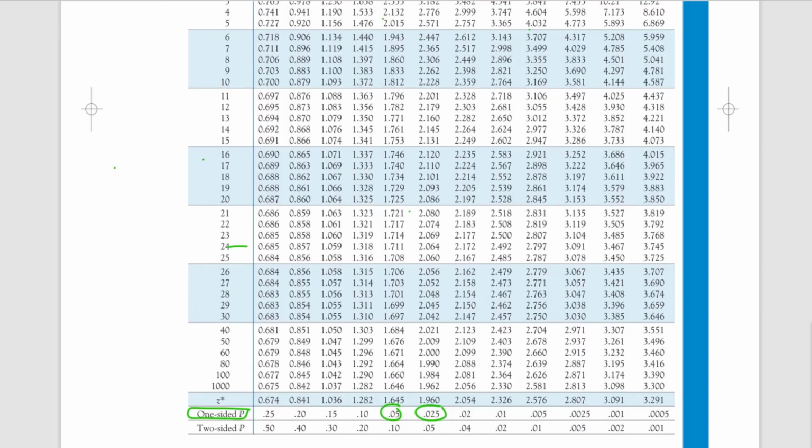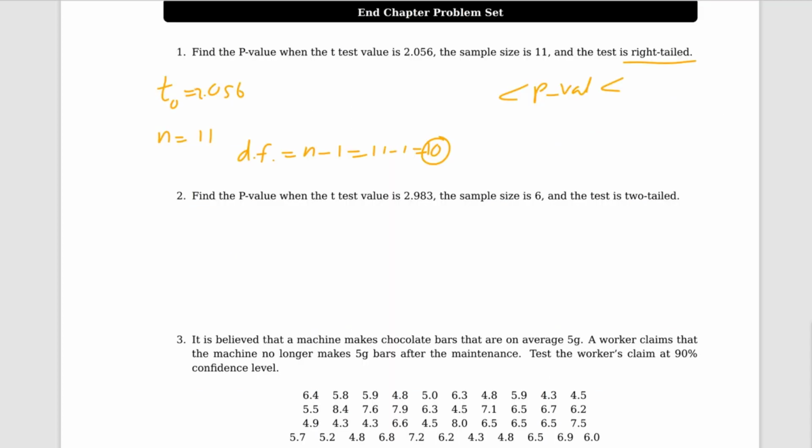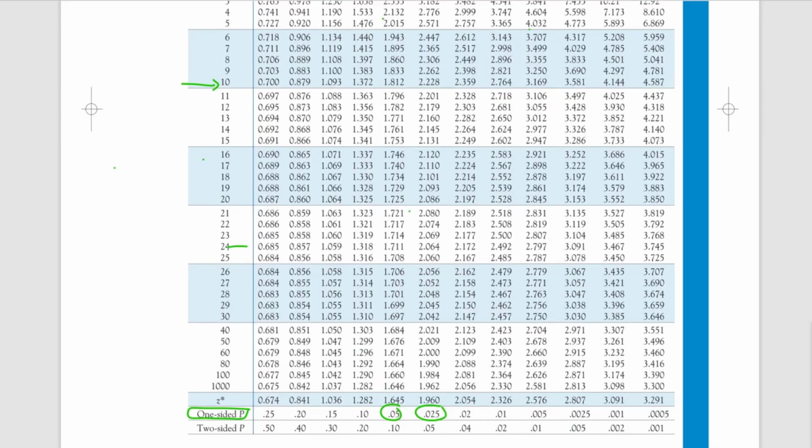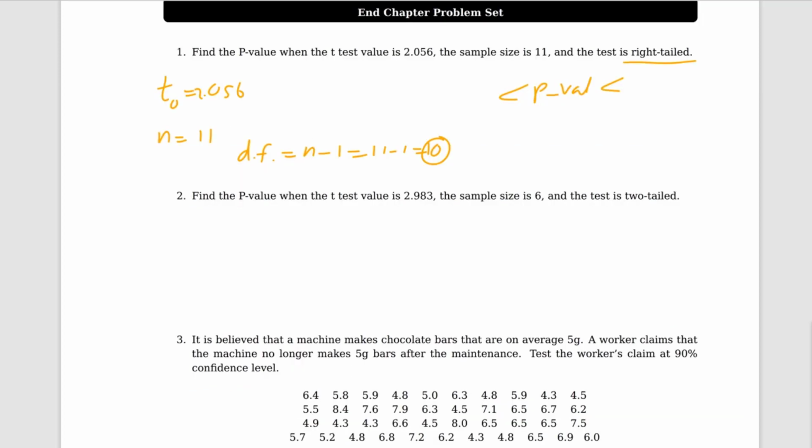So therefore, consider 10 and 2.056. Can we find a 2.056? No, but we know it is in between, right? 2.056 should be in between that, but it is the same, right? 0.05, 0.025.